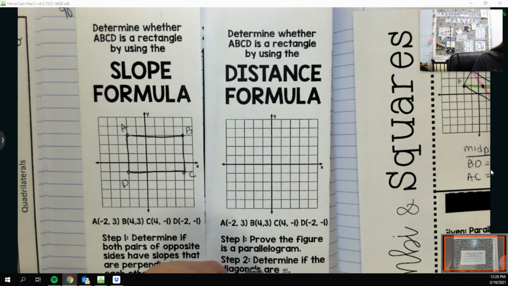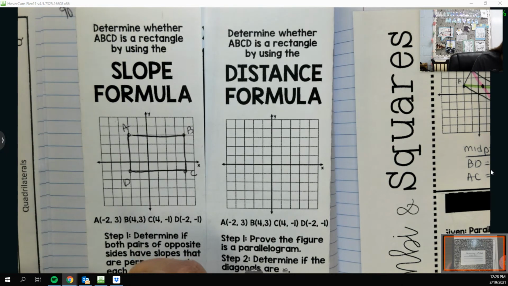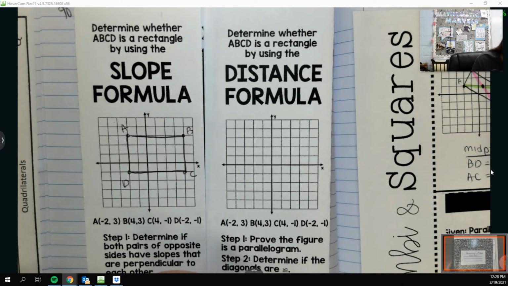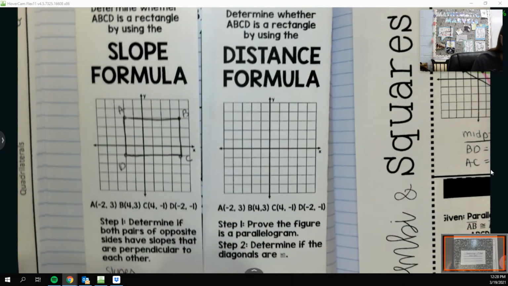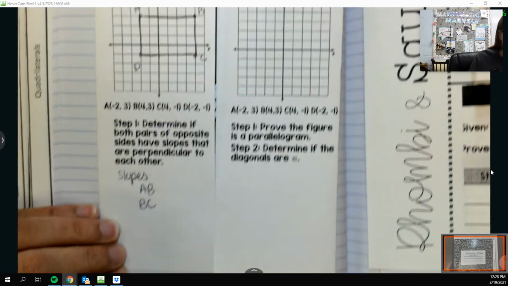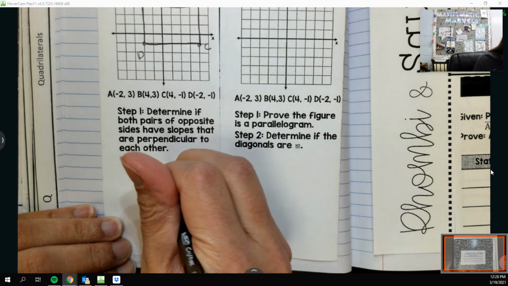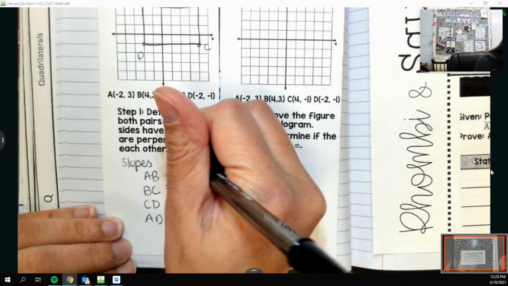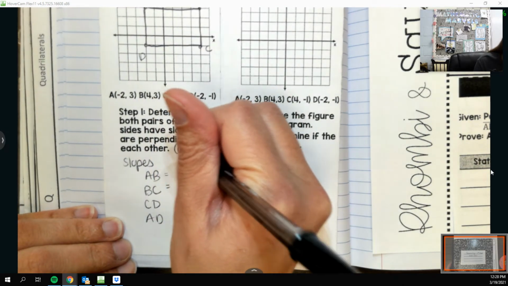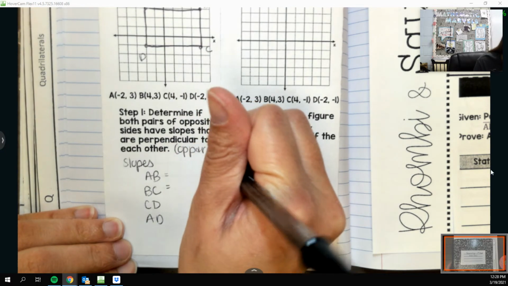The slopes of each of these, AB, BC, CD and AD, have to be opposite reciprocals of each other.